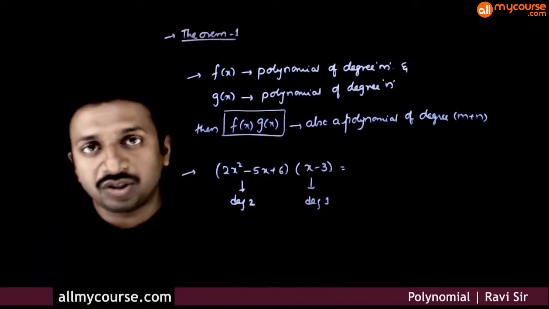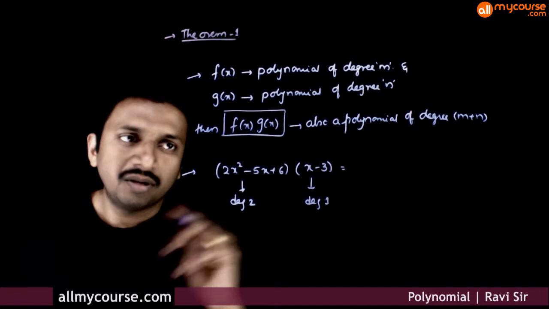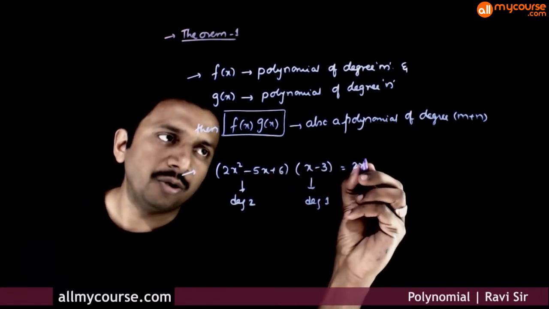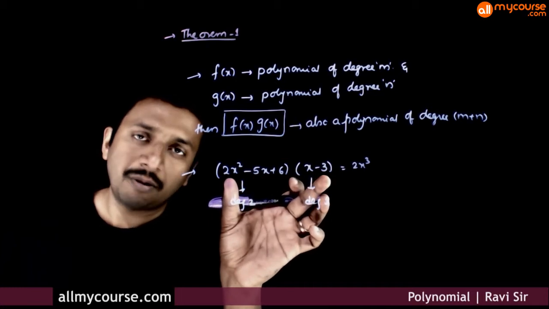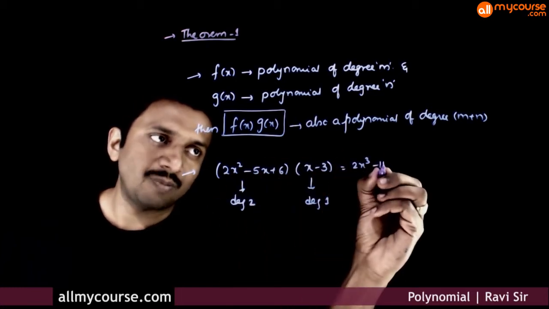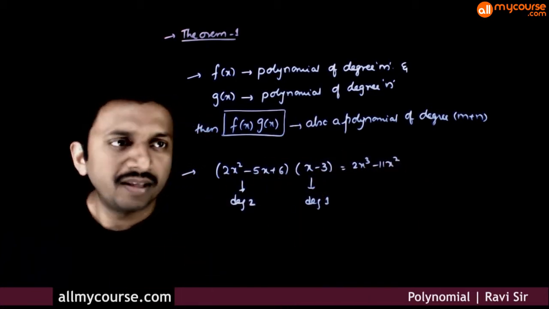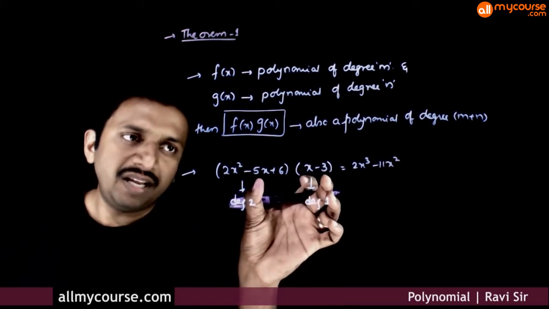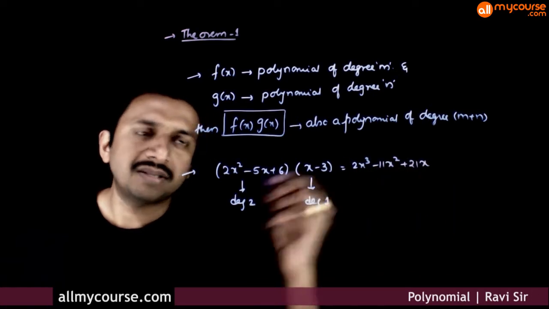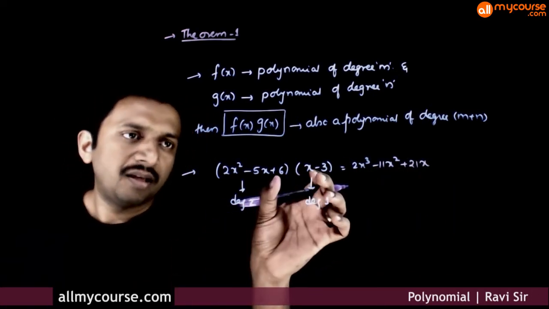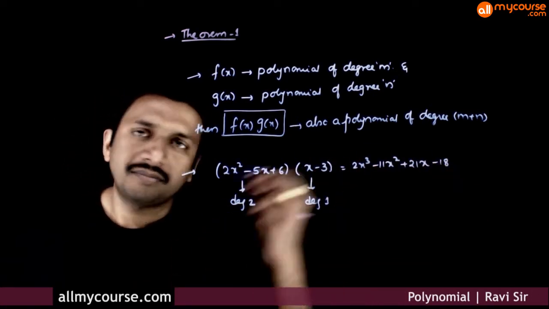Now if you multiply these two, you get 2x cube minus 5x square minus 6x square, that is minus 11x square, plus 15x plus 6x plus 21 times x minus 18, right?